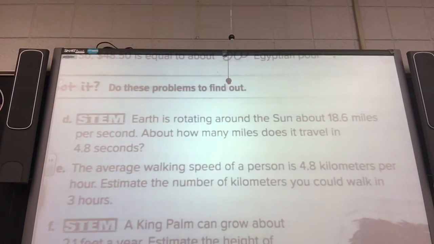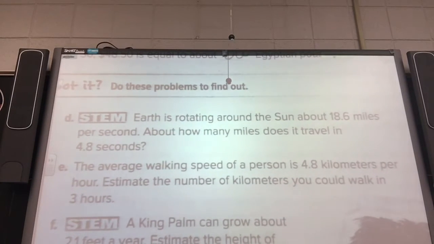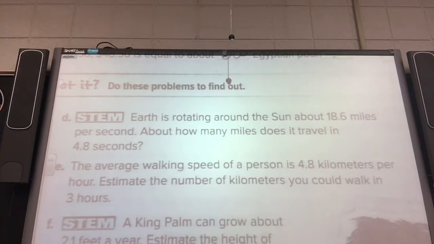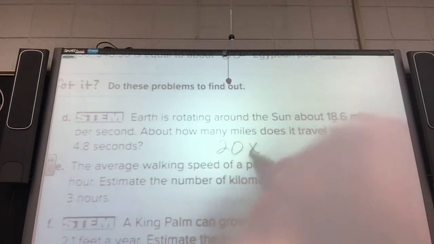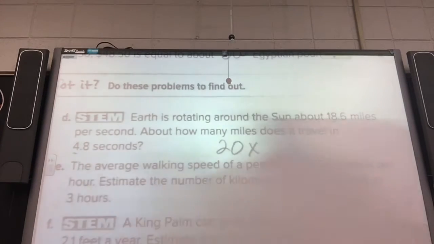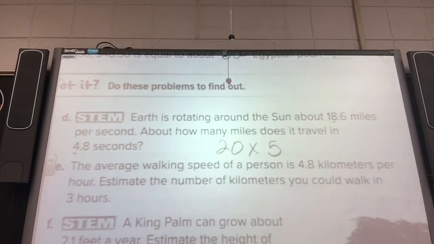All right, if you read this problem, it talks about the Earth rotating around the Sun about 18.6 miles. How many miles does it travel in 4.8 seconds? 18.6 is closer to 20. And 4.8 is closer to 5. So if we did 20 times 5, we would get 5 times 2 is 10.